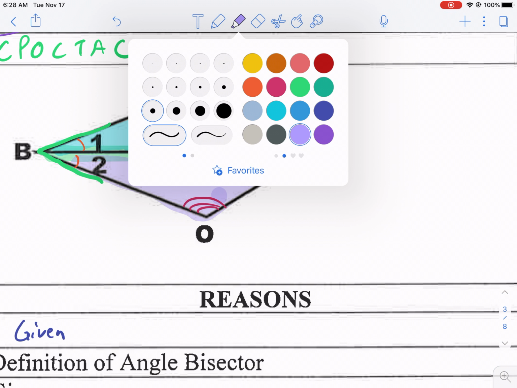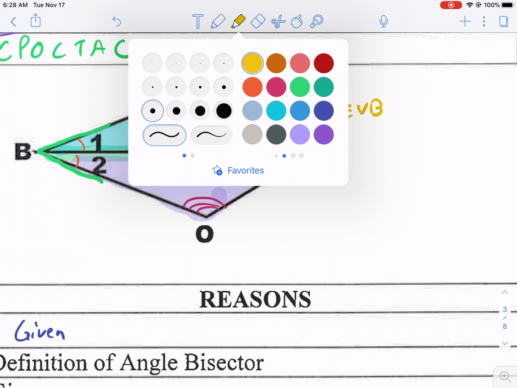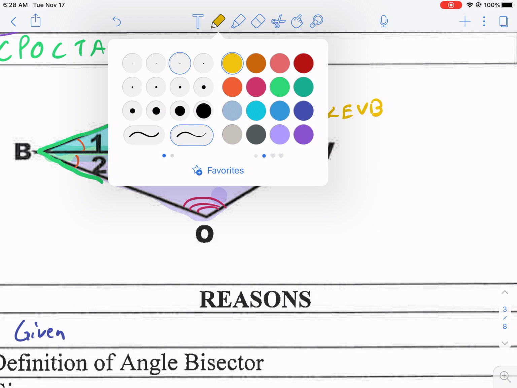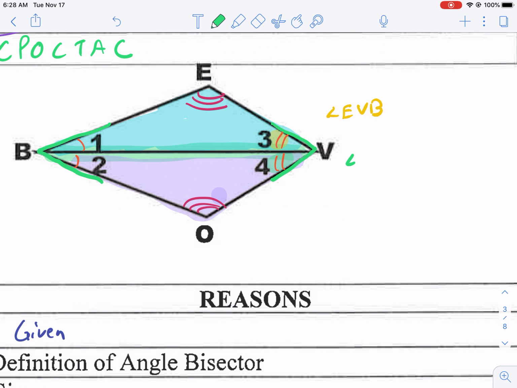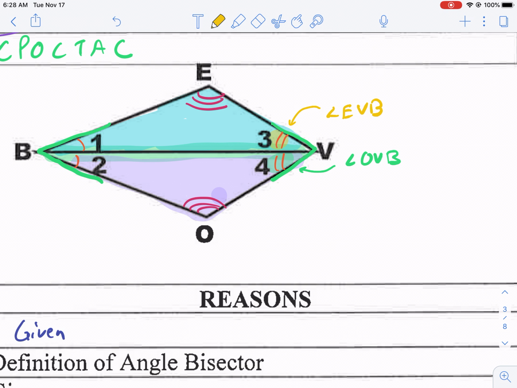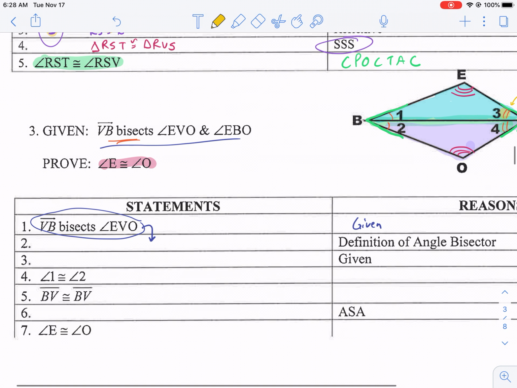Well, it told us that this angle, angle EVB, is congruent to, let's make it green, this one, angle OVB. So those two angles, which we marked in orange, are here and here. We know that those are bisected by ray VB.